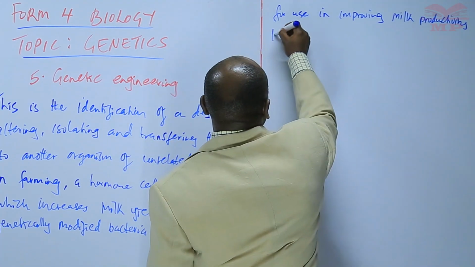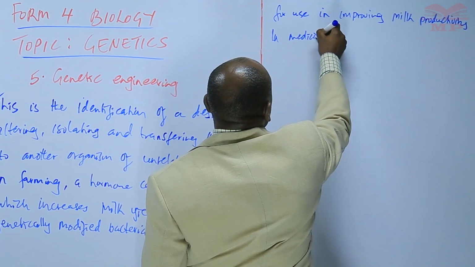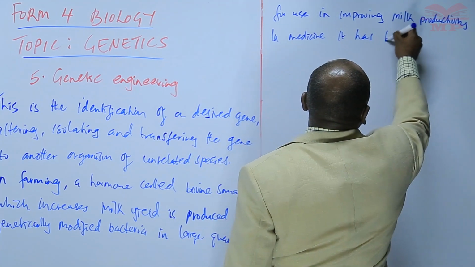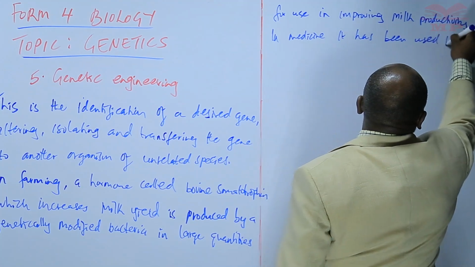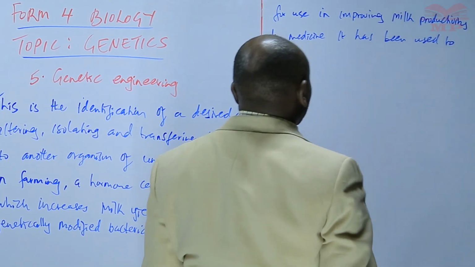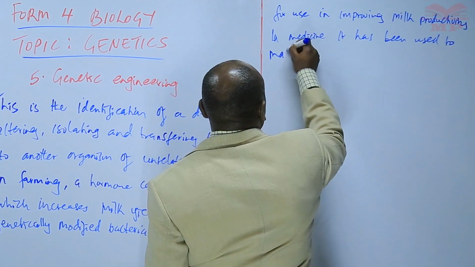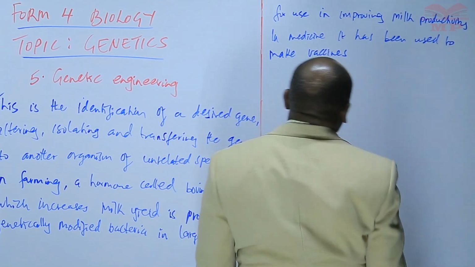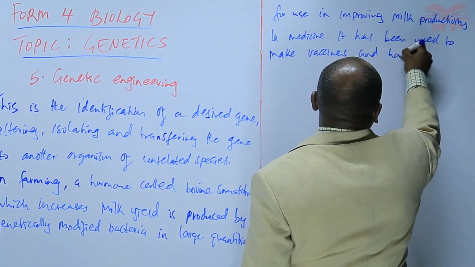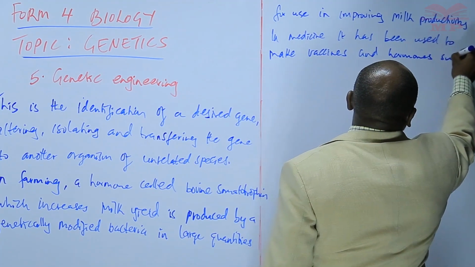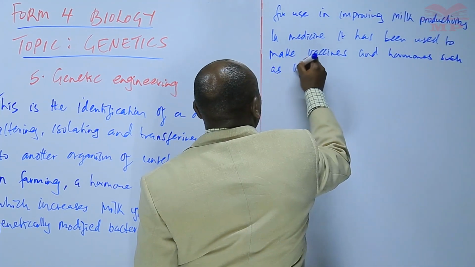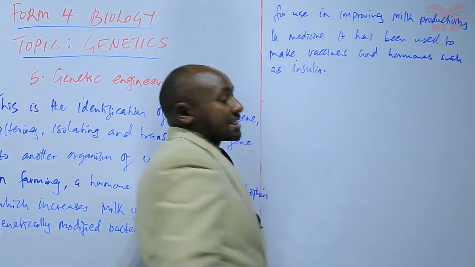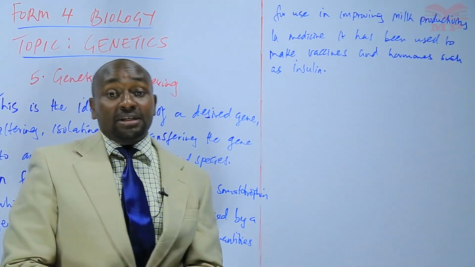In medicine, genetic engineering has been used to make vaccines and hormones such as insulin, the insulin that is used to treat those who are suffering from diabetes.